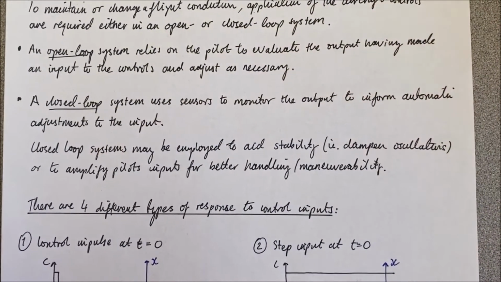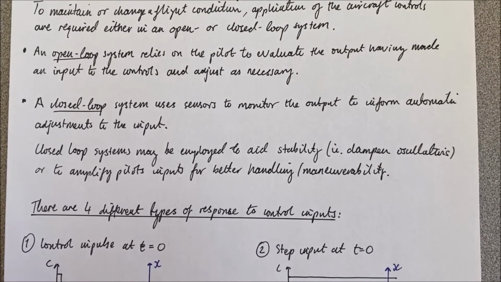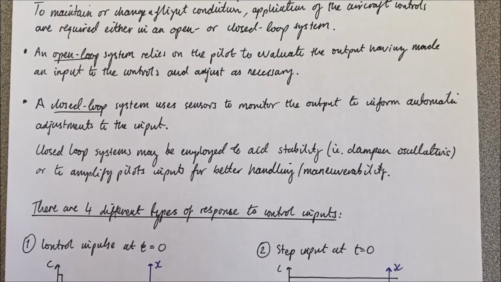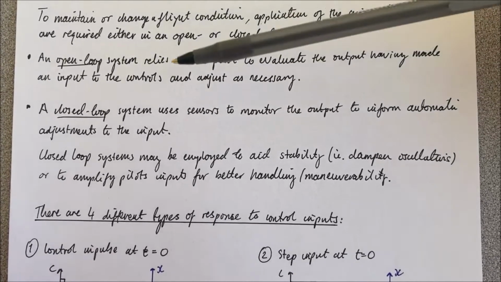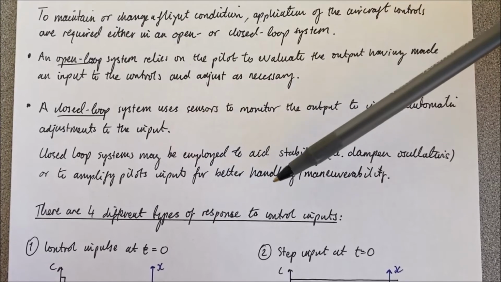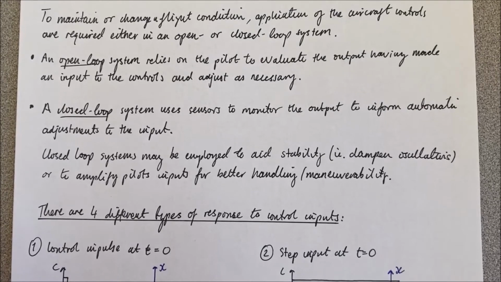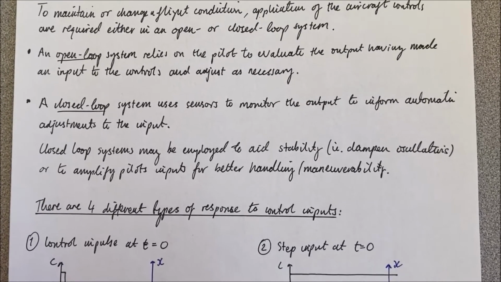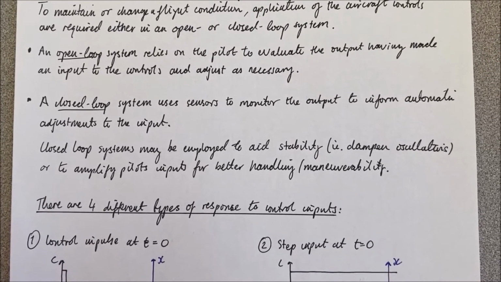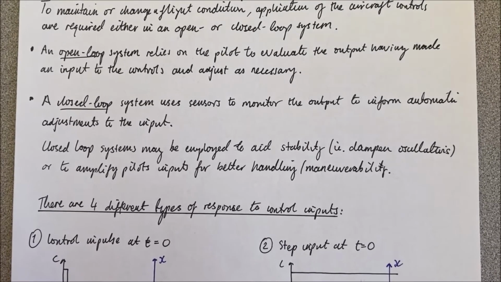Also, you might think about fighter aircraft or aircraft that are designed to be highly maneuverable, where, for example, control inputs are amplified automatically to aid handling or to give the aircraft better maneuverability in terms of the control forces, the control manipulation within the cockpit, right?